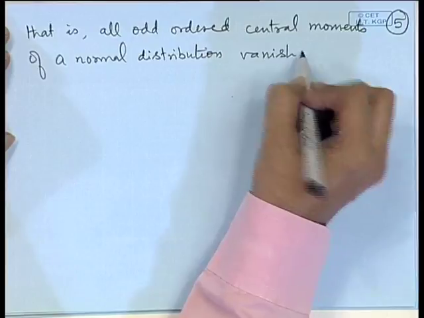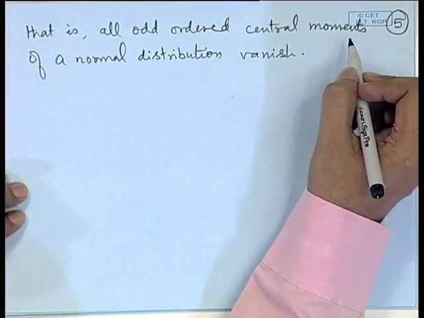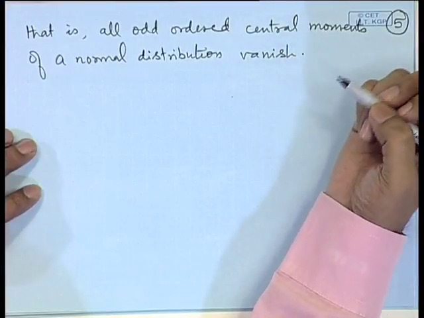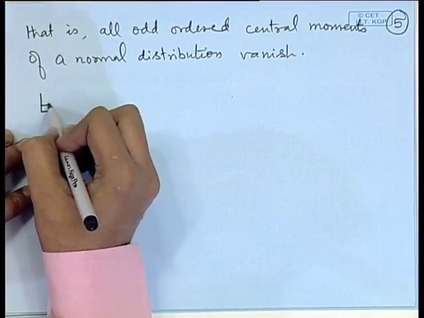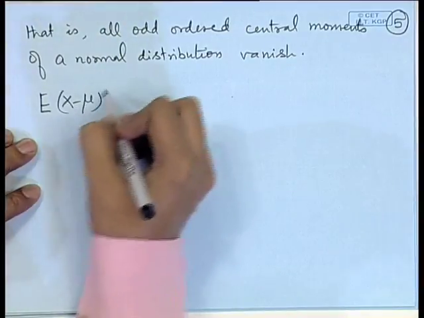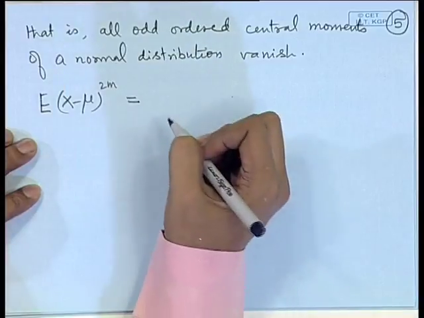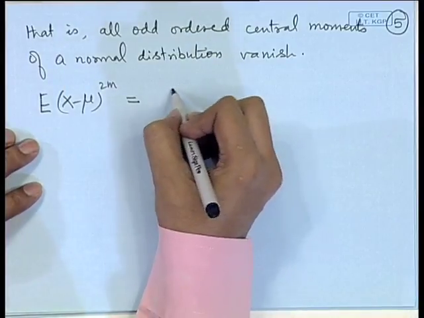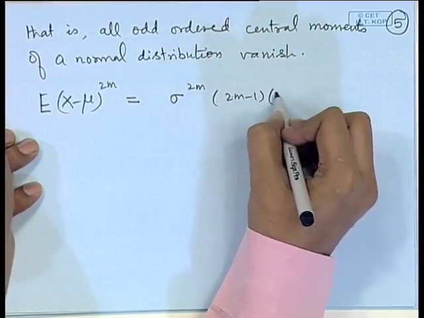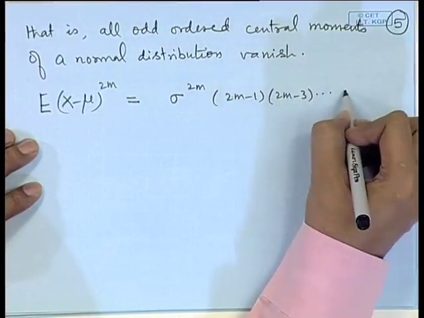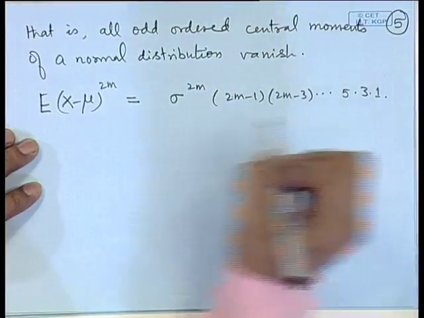Now, this is quite important here, because we are considering any parameters mu and sigma square, and for any parameters mu and sigma square, all the central moments are vanishing, provided they are of odd order. Now, let us consider even order. So, if we consider even order, we are getting the formula sigma to the power 2m into (2m minus 1)(2m minus 3) up to 5, 3, 1.